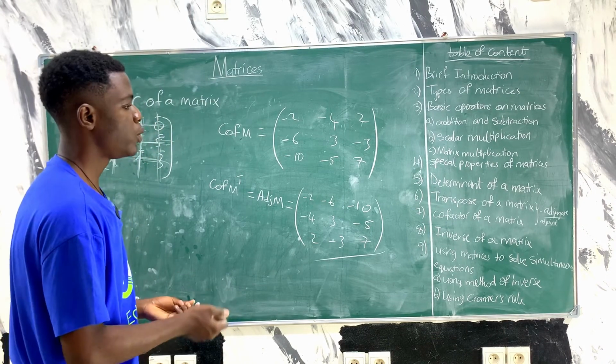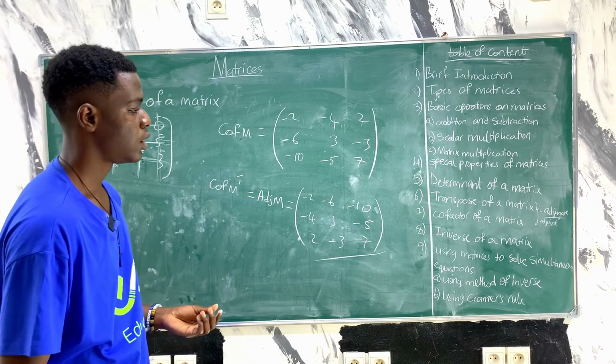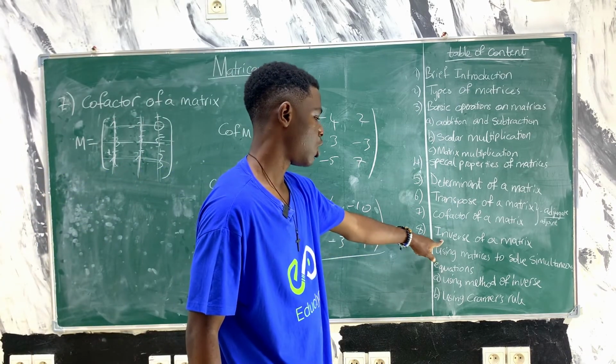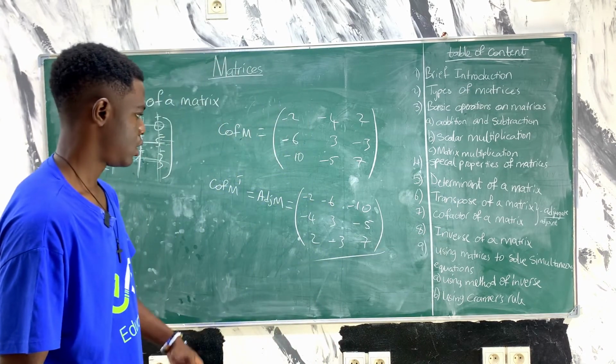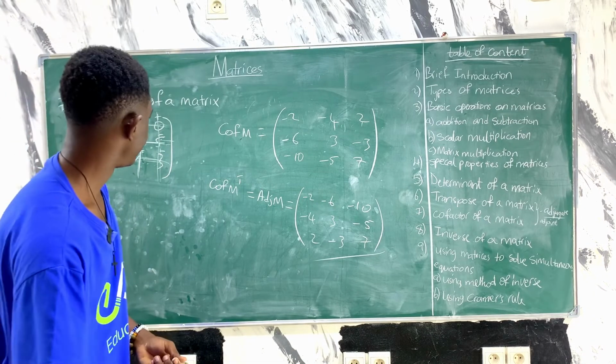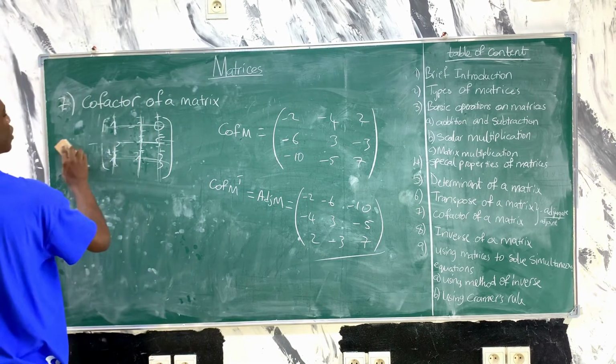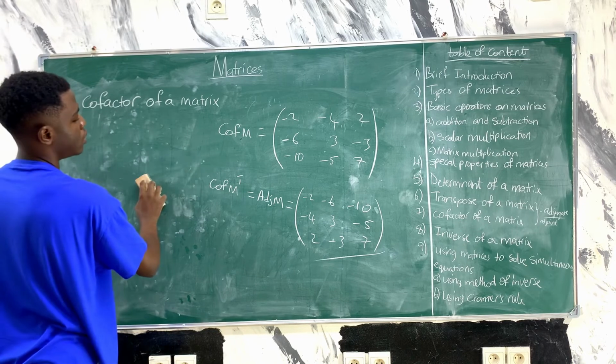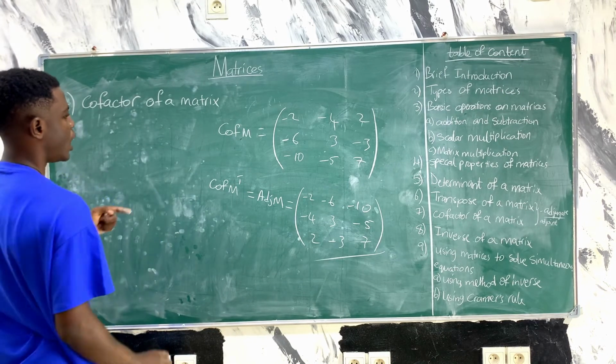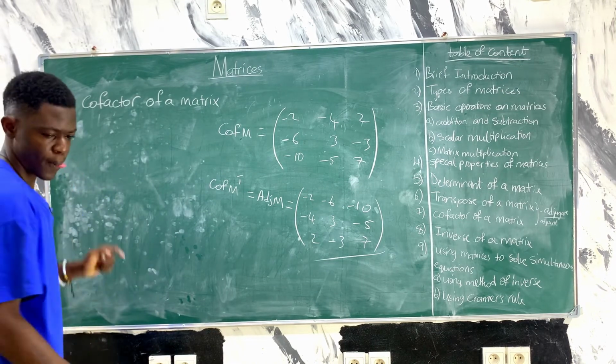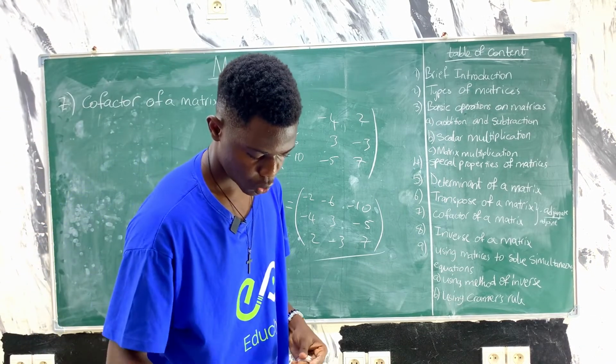So when we do that, we can then find the inverse of a matrix. What is the formula for the inverse of a matrix? I don't want to wipe this because we're going to use it.